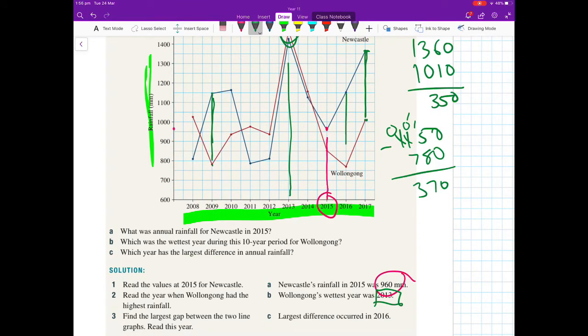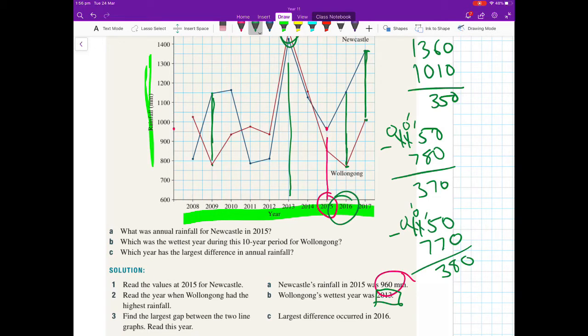Ooh, you didn't even notice that difference in between those two. Got to be careful when you're looking at these ones. So we've got 770, somewhere around there, going up to our 1150, giving us our best option as the 2016 gap.